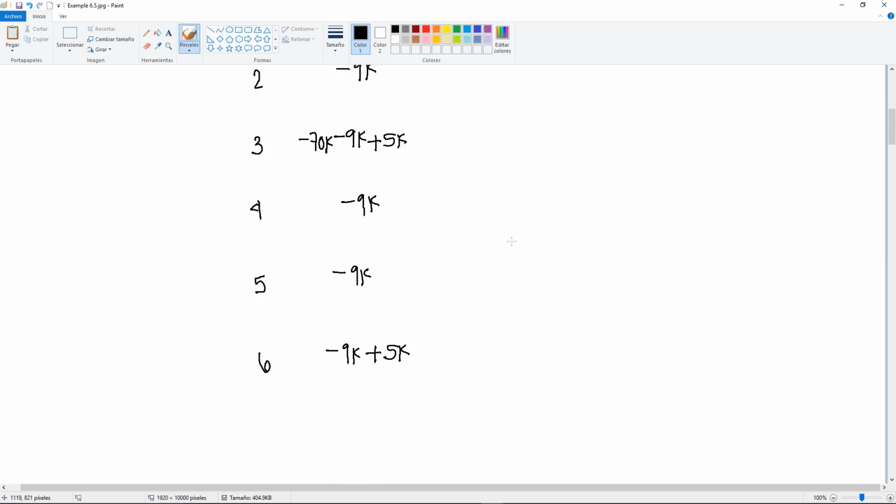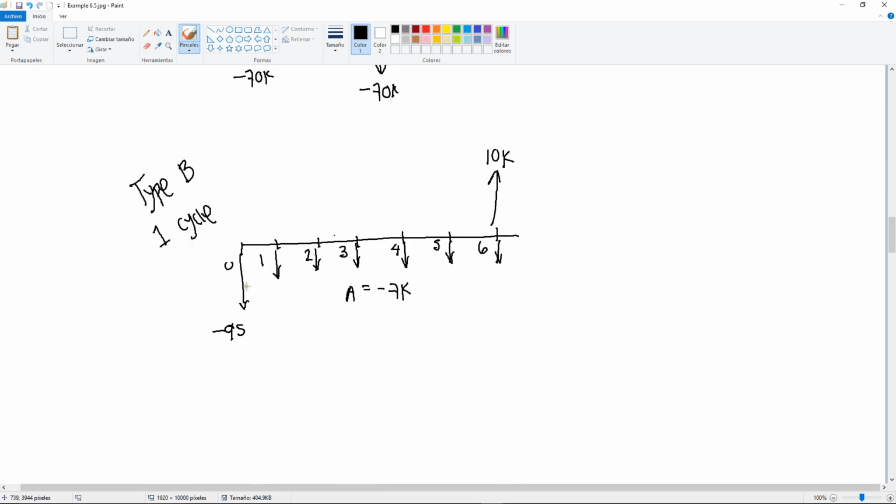Now if we go to alternative B, this one's easier because we don't repeat any cycles. So in year 0 we have minus 95,000. Years 1 through 5 we have minus 7,000 only, and in year 6 we have the minus 7,000 plus the salvage value. So the only one that will have two cash flows will be year number 6.